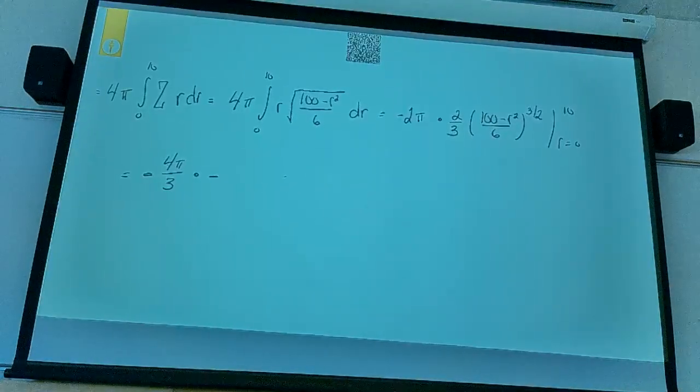So I screwed the arithmetic somewhere. So you should get 500 root 2 over 3 root 3.